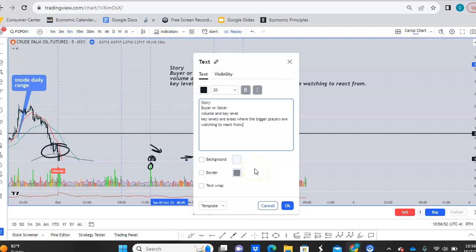So this is how you figure out the story. You see who's in control, buyer or seller, and you supercharge your technical skills by reading who's in control, using volumes and key levels. You want to watch these key levels to see if they have any reactions, where the opposite party might come in and take over the story.